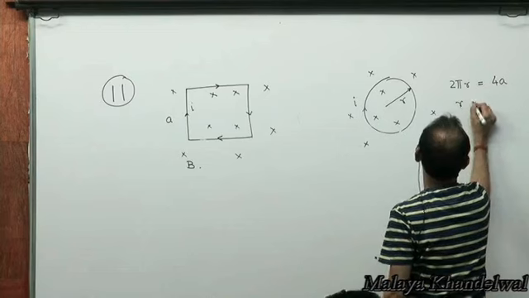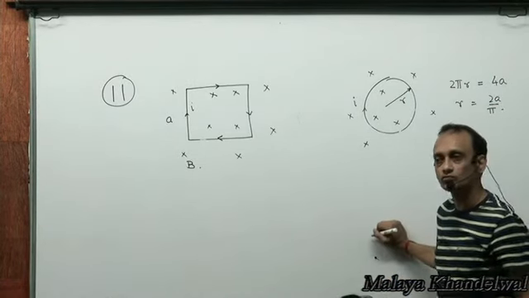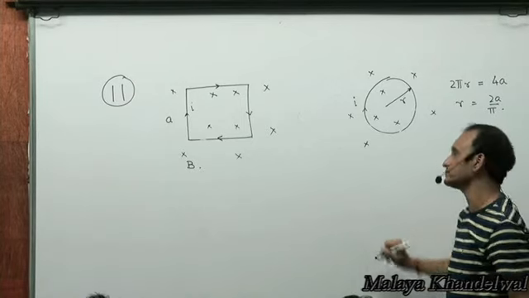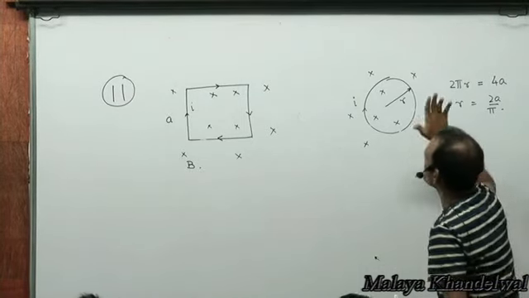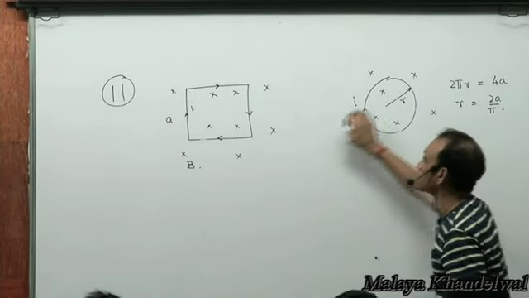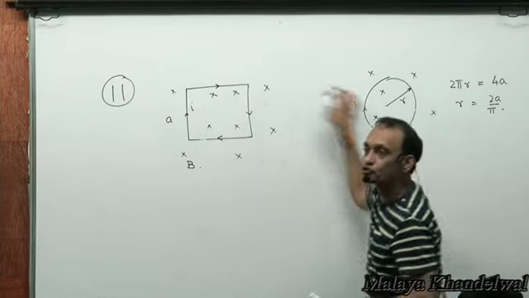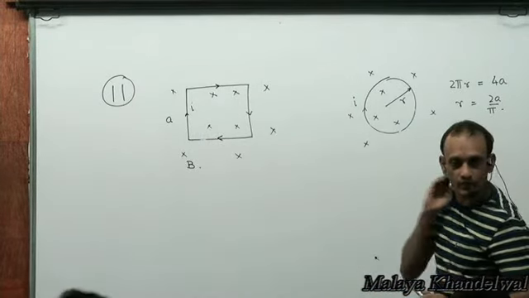So the radius of the circle must be 2a by pi. Yes or no? Now it's exposed to the same magnetic field. The transformation from a square to a circle takes place, right?